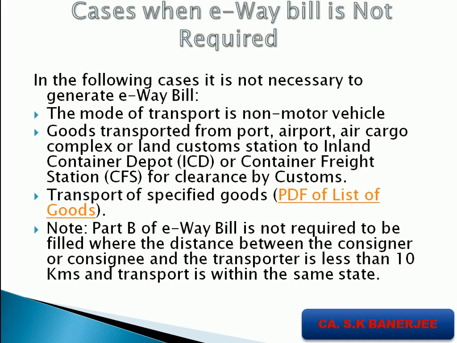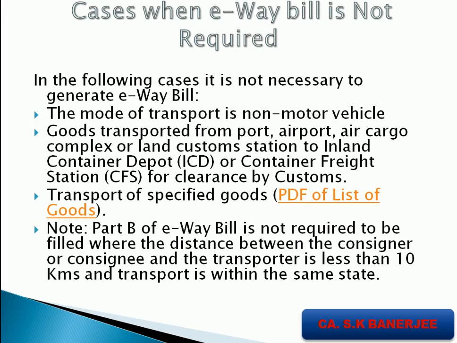Now this is the most important point. When do you not have to issue an e-way bill? If the mode of transport is a non-motor vehicle, so if you are moving goods in a non-motor vehicle, or goods transported from a port, airport, air cargo complex or land custom station to an inland container depot or a container freight station for clearance by customs.